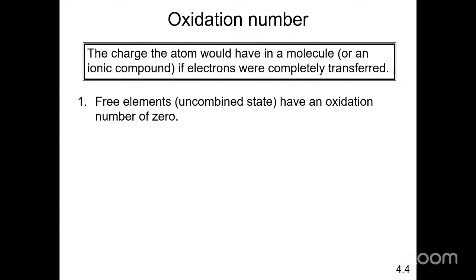It says the oxidation number is the charge the atom would have in a molecule or in an ionic compound if the electrons are completely transferred, right? And this is a tool, basically a measure of how oxidized an atom is. If we look at the reaction and the changes in the oxidation number, then we can tell whether or not a particular atom is being oxidized or reduced.